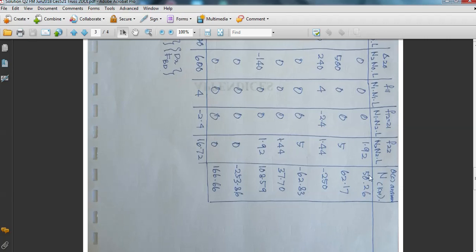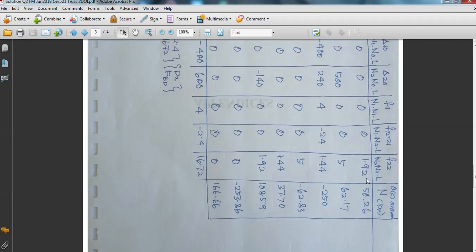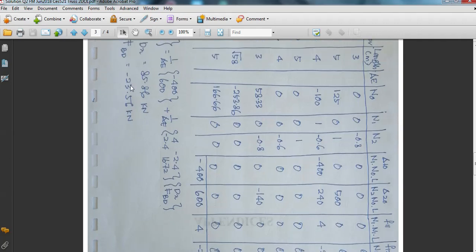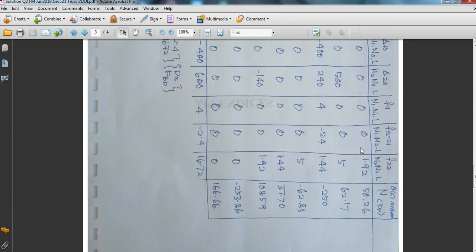Okay, this N 50.26 equal to N0 plus N1 multiplied by dx plus N2 multiplied by FBD. It means, because this is 0, it means minus 0.8 multiplied by minus 23.56. So you got the, is it 50?